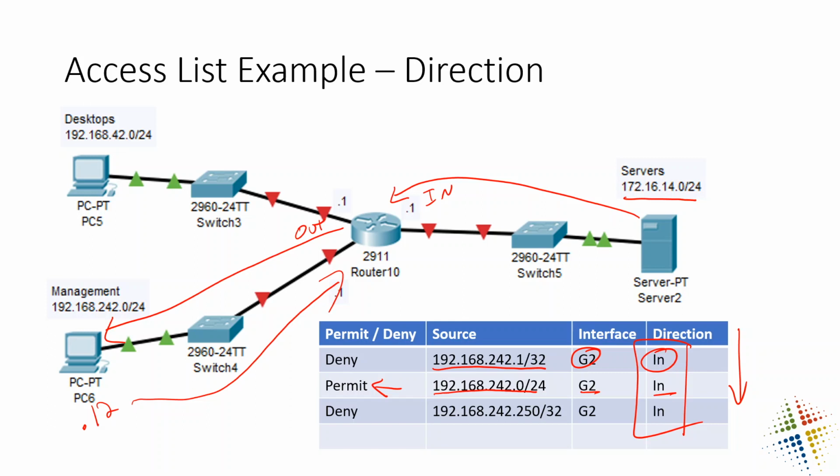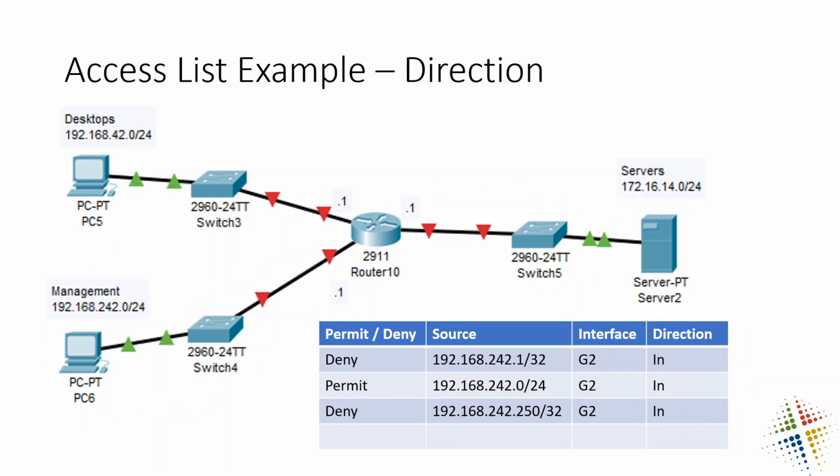All right, let's get a little bit more specific. Sorry, no. Actually, that's about as far as we're going to go. These access lists can get a whole lot more complicated. Right now, we're just looking at the source, the interface, and the direction. We can get a whole lot more specific by talking about the destinations. So not only who is sending me traffic, but where is it going to?